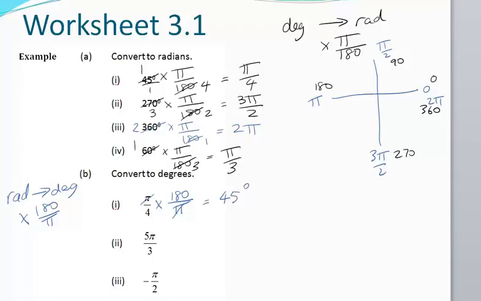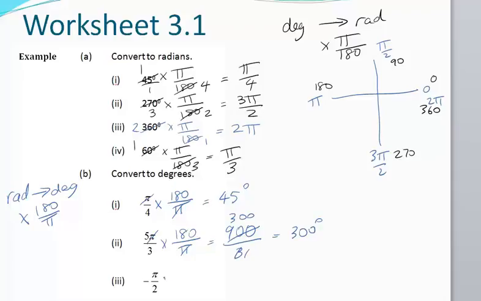So next, multiplied by 180 on pi. Our pi's cancel. We have our 5 times 180 is 900 divided by 3. So 300 on 1 is 300 degrees.